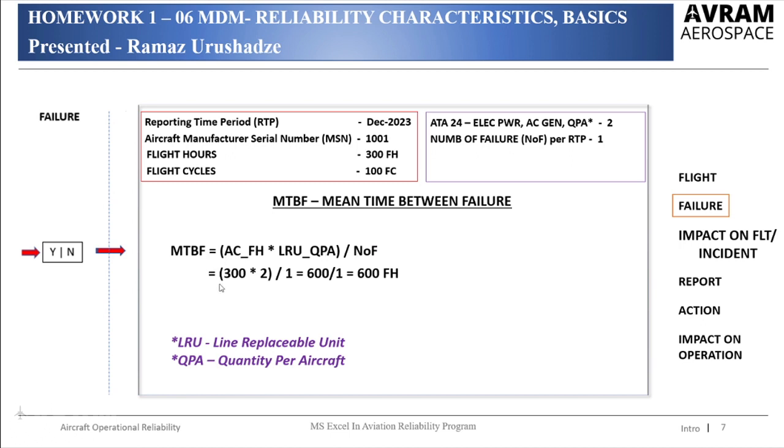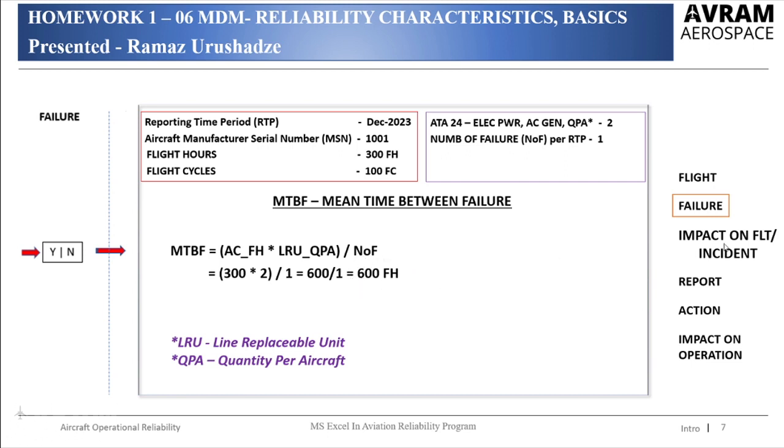As a result, aircraft flight hours, December 2023 equals 300 flight hours, LRU QPA equals 2, and divided by number of failures, 1, gives us 600 flight hours. Mean time between failure for AC generator from 8824 in December 2023 equals 600 flight hours.